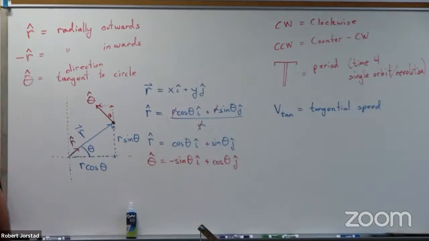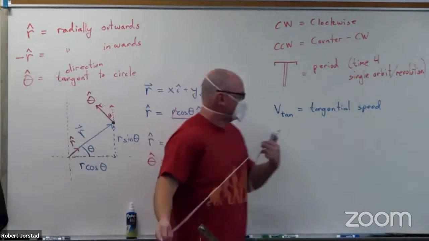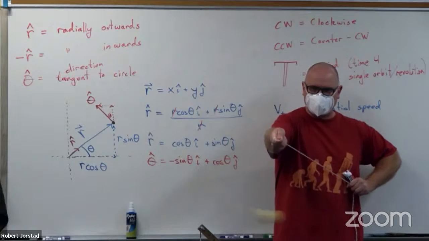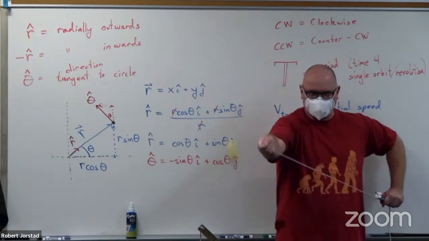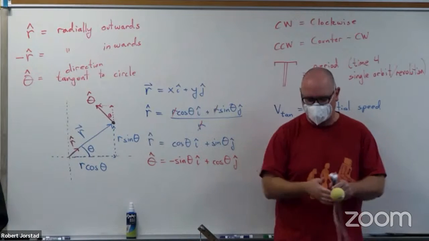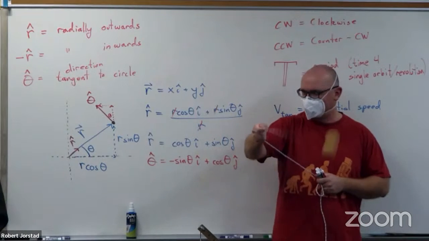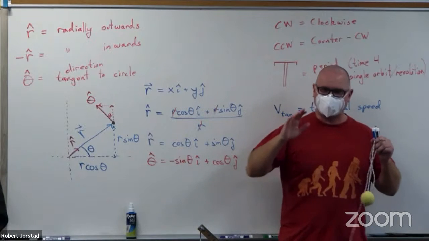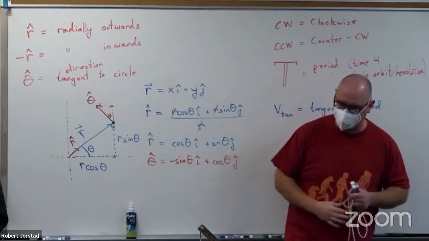Think about this. If you're spinning this ball, and then I just start pulling the rope in, there's a speed towards the center as well as around. We are not going to do that. We're basically going to use fixed radii, excuse me. So in our problems, we're not going to have to worry about the radius changing during the motion.